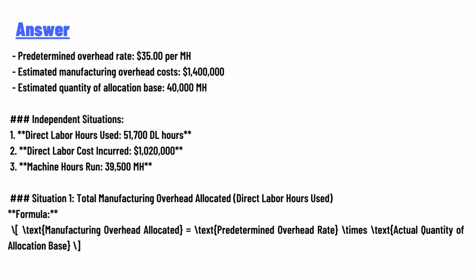Independent situations: first, direct labor hours used 51,700 DLH. Second, direct labor costs incurred 10 lakh 20,000. Third, machine hours run 39,500 MH. Situation 1. Total manufacturing overhead allocated, direct labor hours used. Formula: manufacturing overhead allocated equals predetermined overhead rate times actual quantity of allocation base.